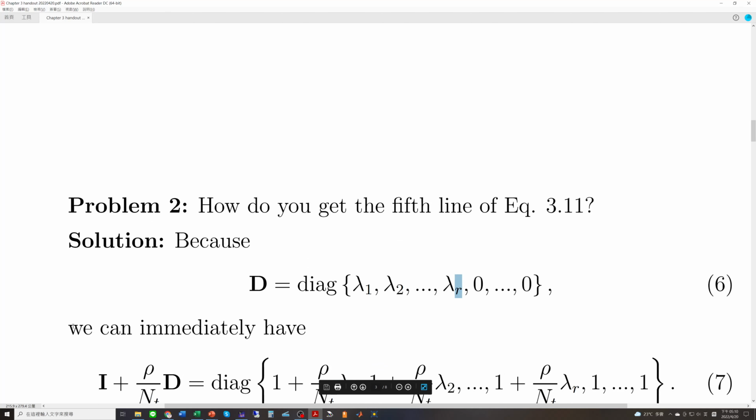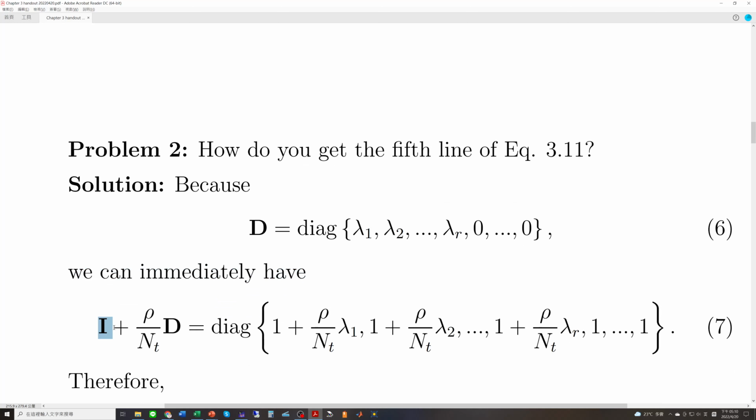We can immediately have that I plus rho over nt times D is also a diagonal matrix with diagonal elements 1 plus rho over nt times lambda 1, 1 plus rho over nt times lambda 2, up to 1 plus rho over nt times lambda r, and then 1, and so on.